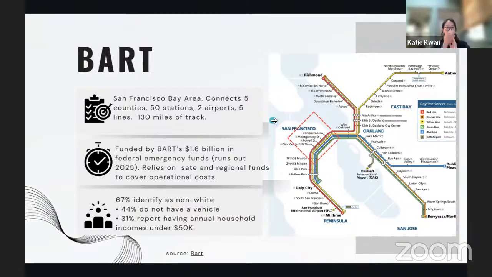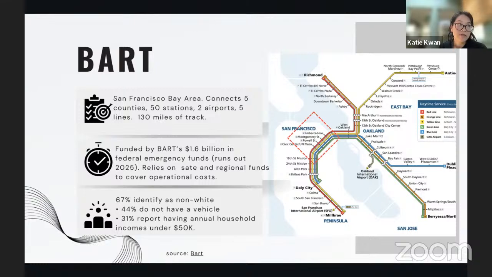Okay, so what is BART? BART is our Bay Area rapid transit system. It connects San Francisco to 5 different counties. I put a little map here on the right-hand side. You can see that it connects 5 counties with San Francisco, as well as 50 stations, 2 different airports, all using 5 lines and 130 miles of track.